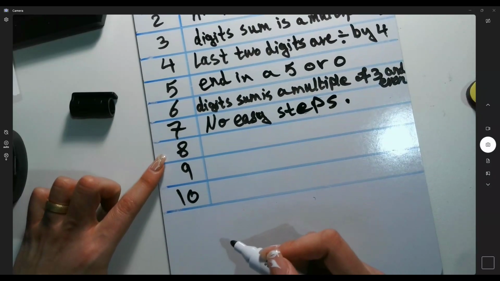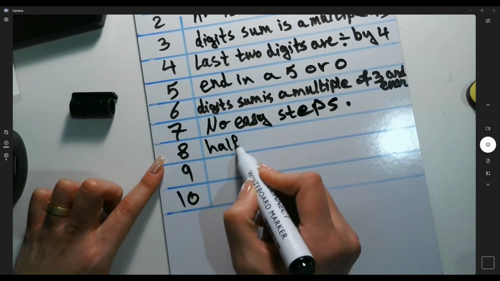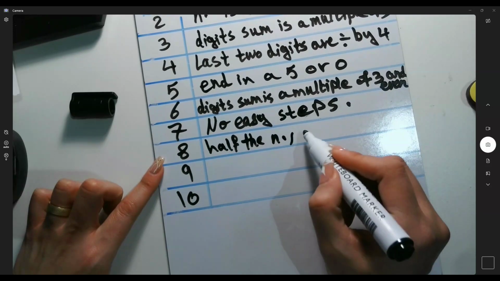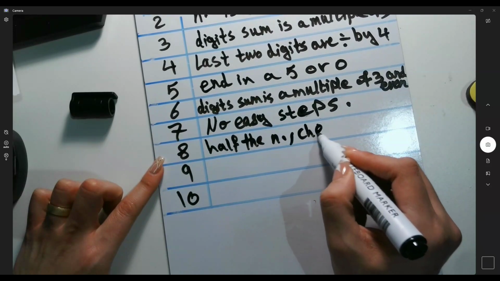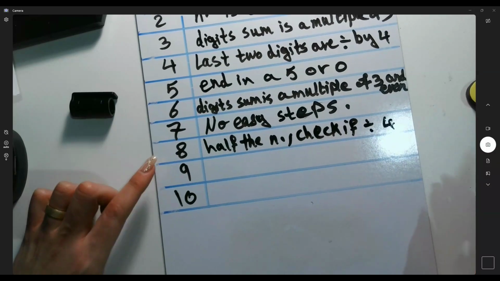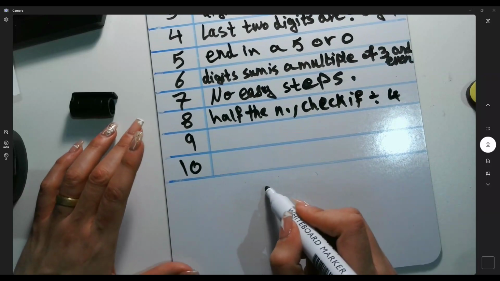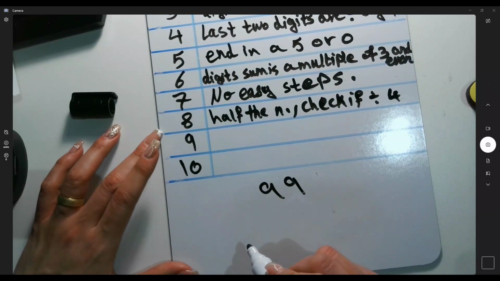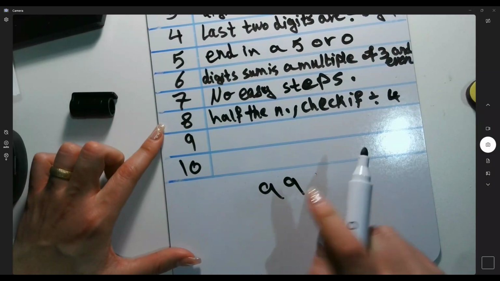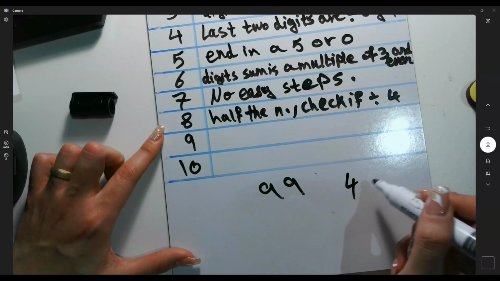Okay, number 8. If you halve the number, check if you can divide it by 4. If you can divide it by 4, then it's divisible by 8. So for example, if I said 99, when you half it, it's what?